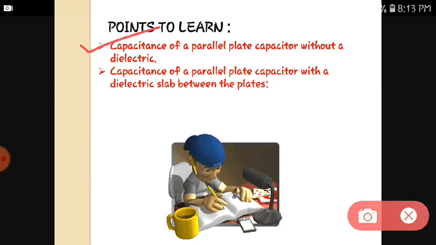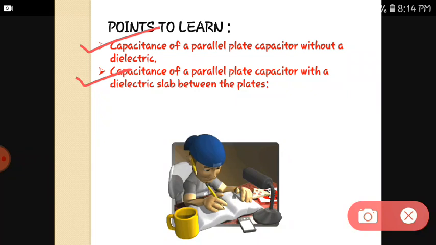That we are going to see. Then when we introduce a dielectric material between the two parallel plates, what exactly happens? Does the capacitance increase or decrease? What happens to the electric field inside the capacitor?